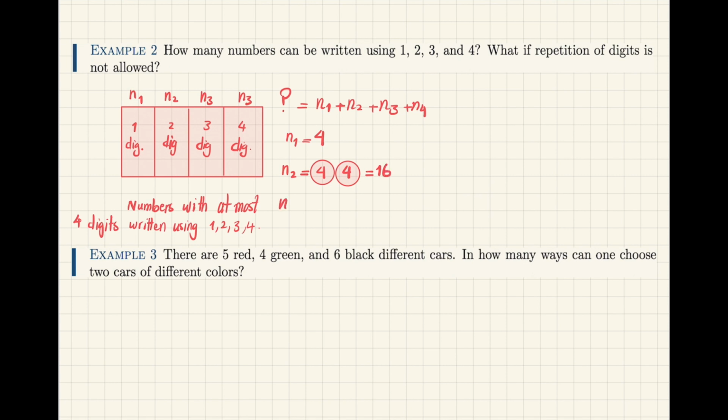And finally, for example, next one, n3, I have this. I want to write 3-digit numbers, and then of course again I have 4 options available here, 4 options available here and here, so it is 64. And finally n4 is the same story.